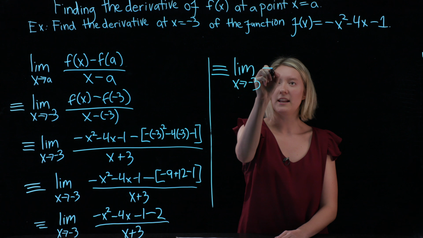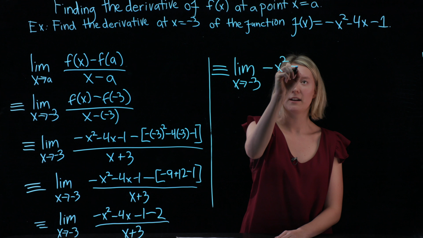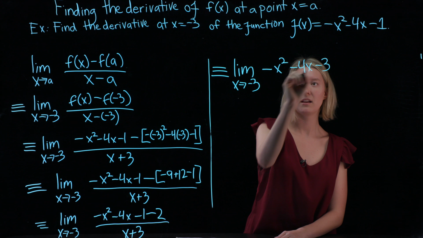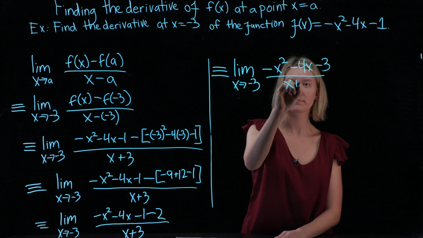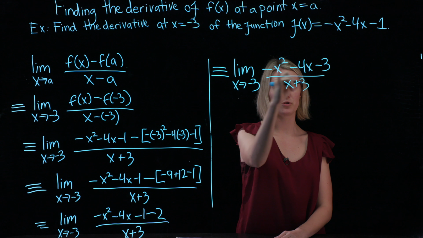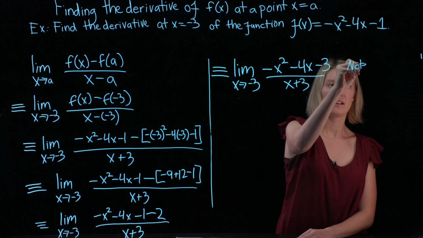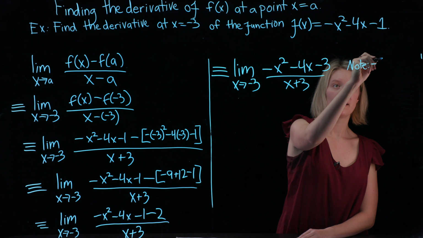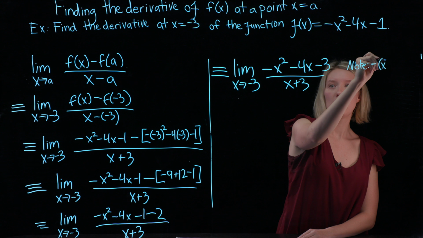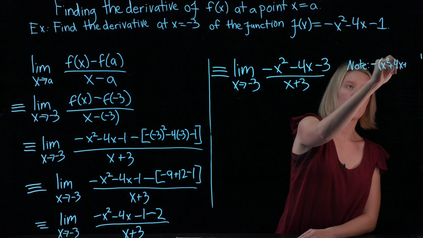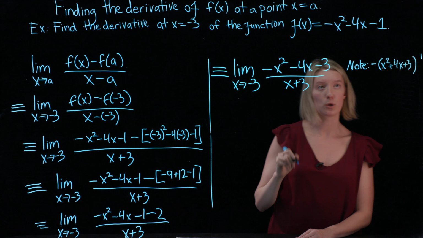So here I have negative x squared minus 4x minus 3 over x plus 3. I can try to factor this directly, or I can note that I can factor out the negative, and then I'll have x squared plus 4x plus 3, and these are equivalent.